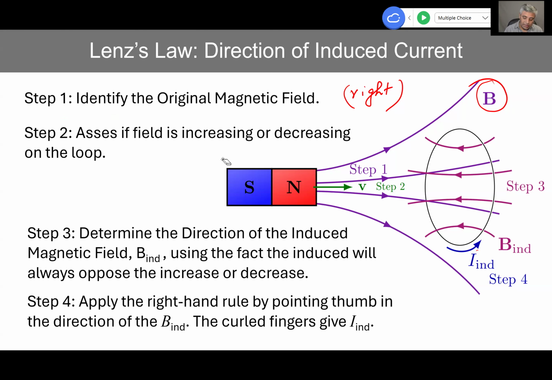Now, so now we want to see if field is increasing or decreasing where the coil is. So coil is here. So is the field increasing or decreasing? So in this case, magnet is moving towards the coil.